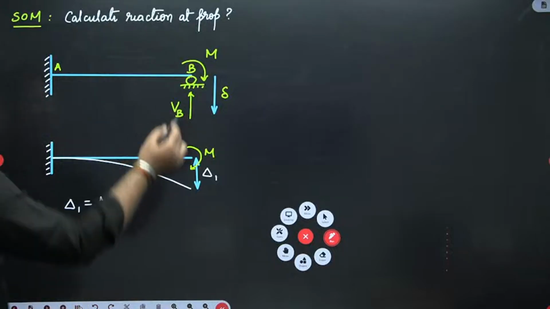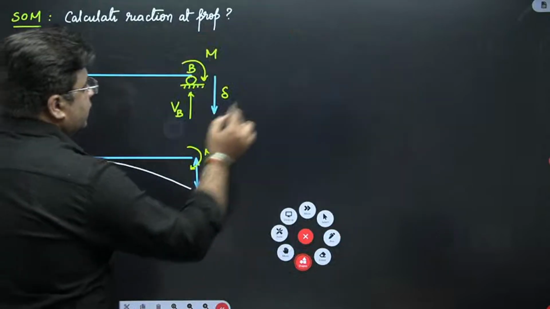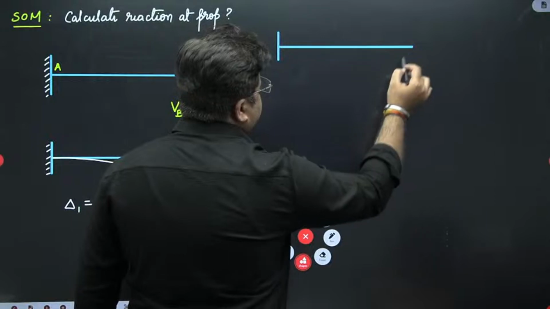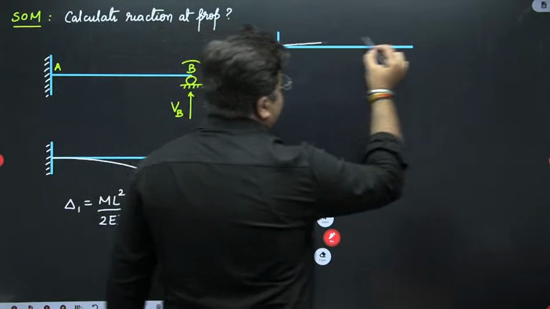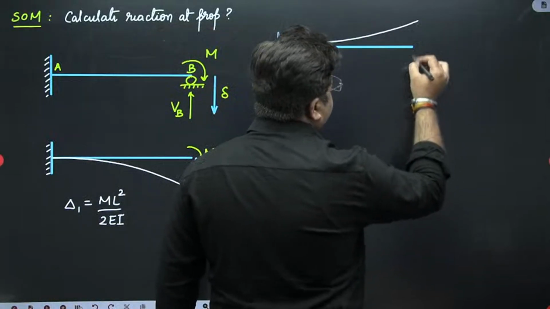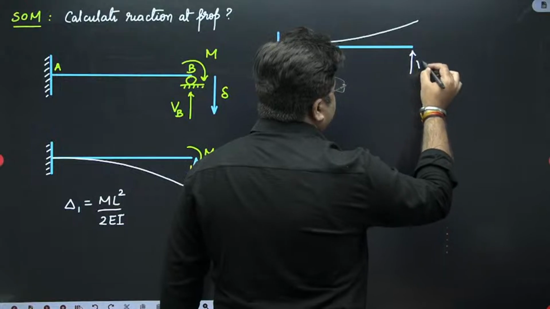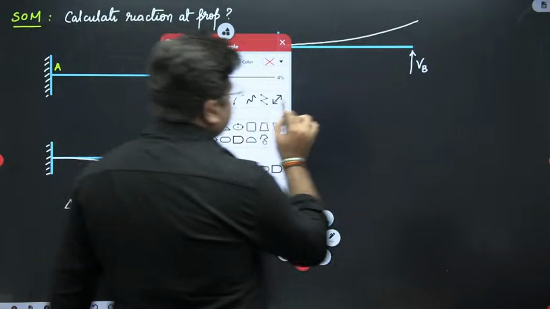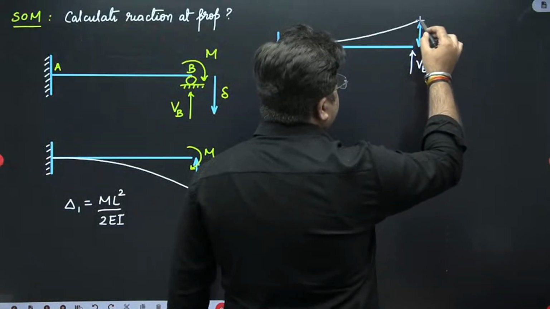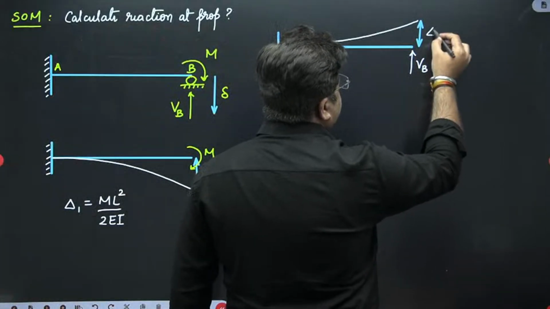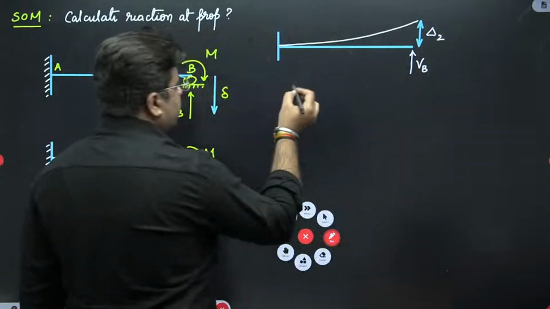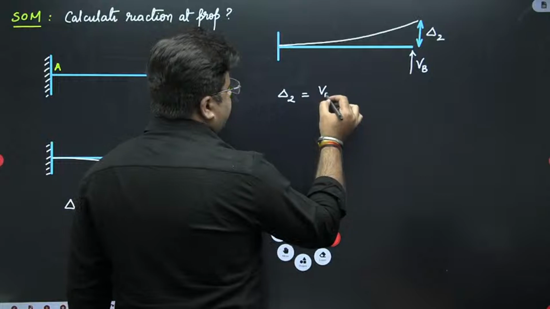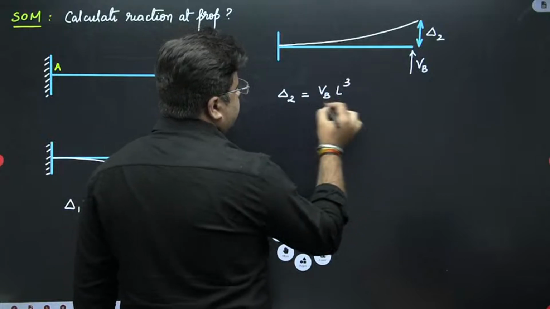Then next, only consider this reaction VB. Due to reaction VB, the beam is going to deflect upwards. This is also a standard result, so delta 2 is VB L cube upon 3 EI.